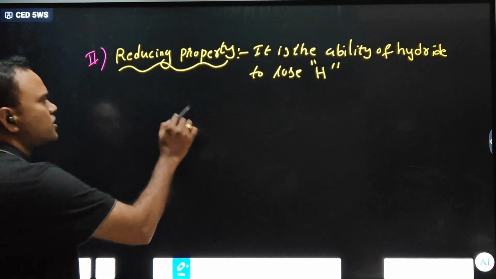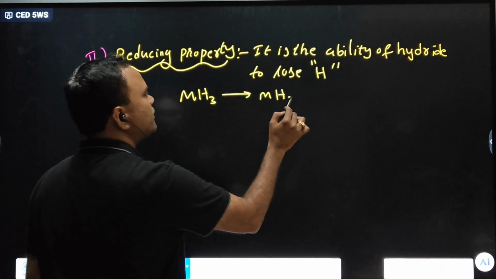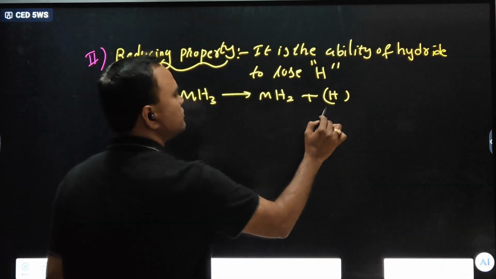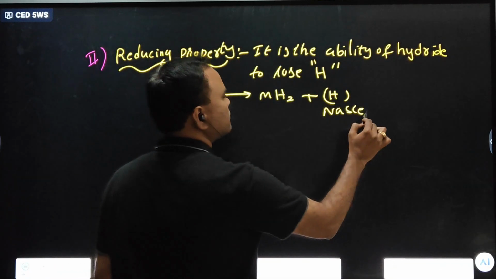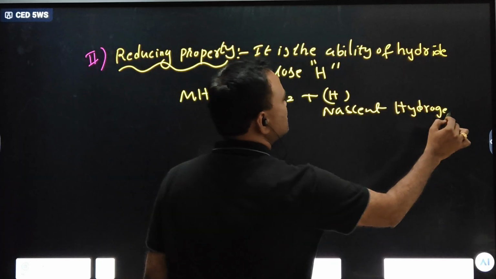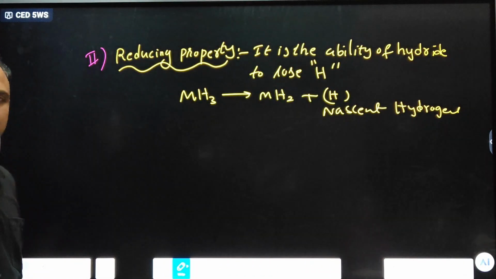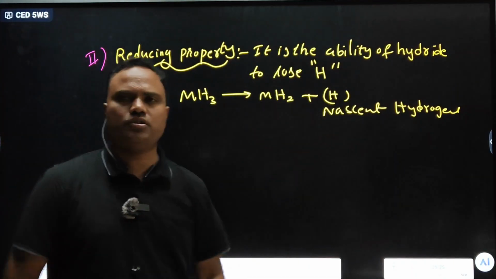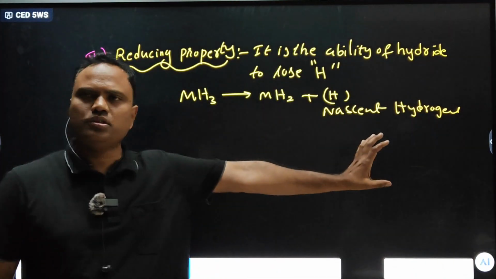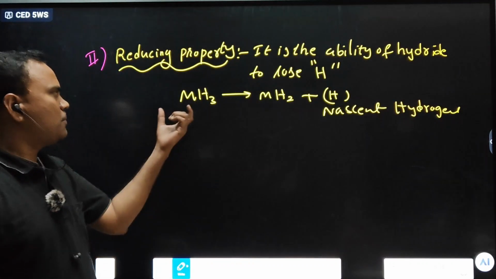I'm giving one general reaction. MH3 is the hydride. It is losing hydrogen, nascent hydrogen. A single hydrogen atom is called nascent hydrogen. MH3 decomposes into MH2 and H. This is the general reaction. Clear?